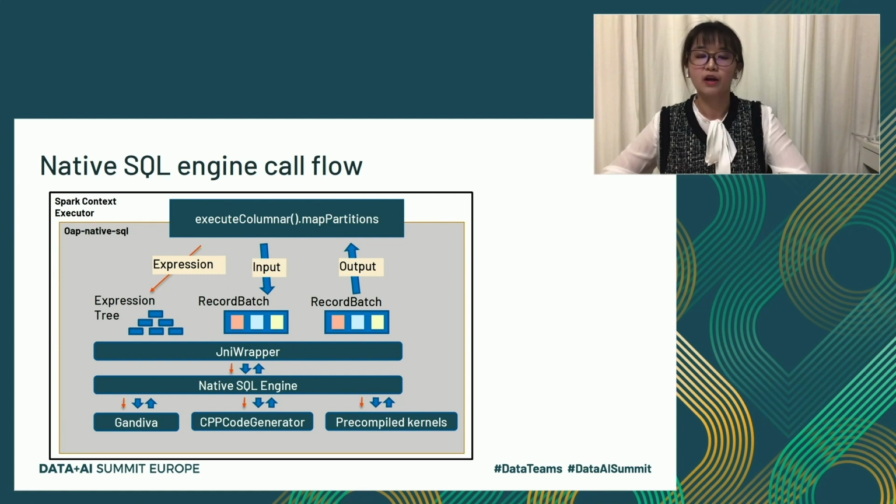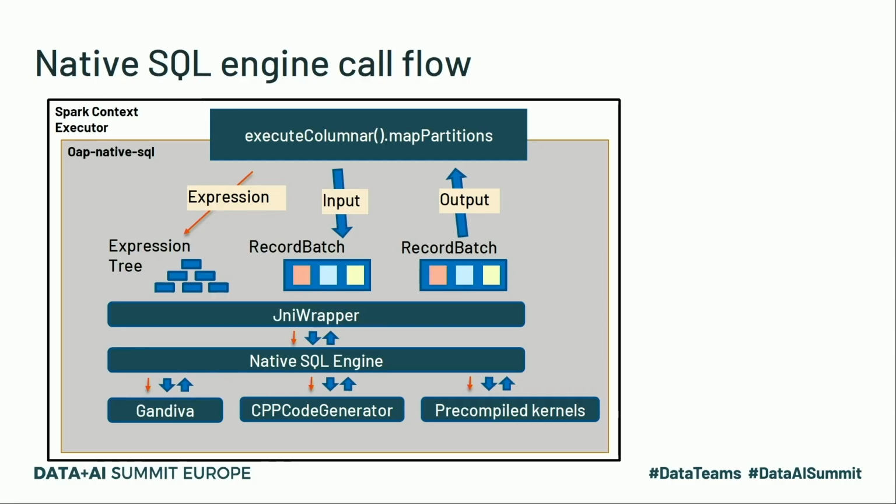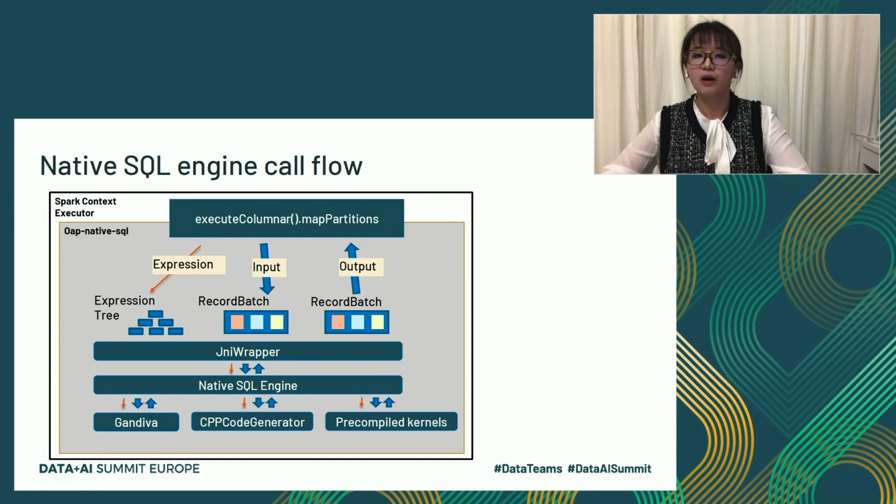For example, project and filter will use the existing Arrow Gandiva, and the WholeStageCodeGen, multiple key sort, and shuffle join with condition will use the C++ code generator kernel, and the remaining operators will use compiled template kernels.